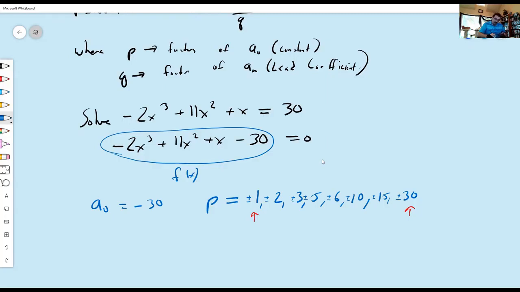an in this case is going to be a3, because an matches the lead term. Our lead term has a degree of 3, so a3 is minus 2. So q is all the factors of minus 2. Well, it's going to be 1 and 2.